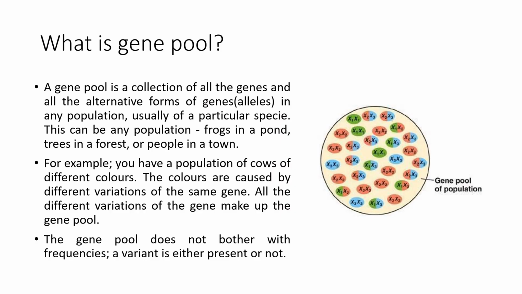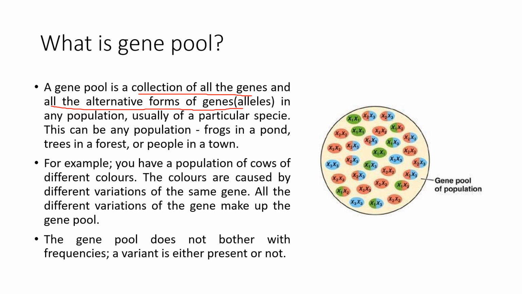The gene pool, as we already know, involves the alternative forms of genes. A gene pool is a collection of all genes and all the alternative forms of genes. The alternative form of a gene is an allele. Within any gene there are two alleles, both coming from the parents, one from the mother and one from the father.